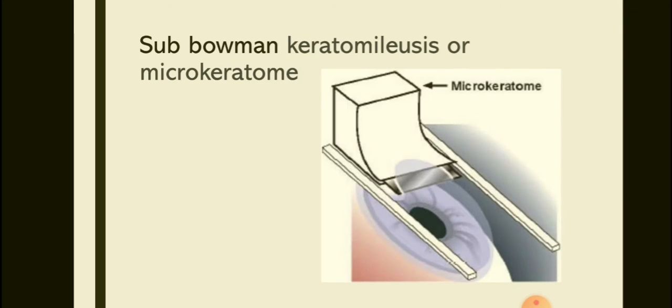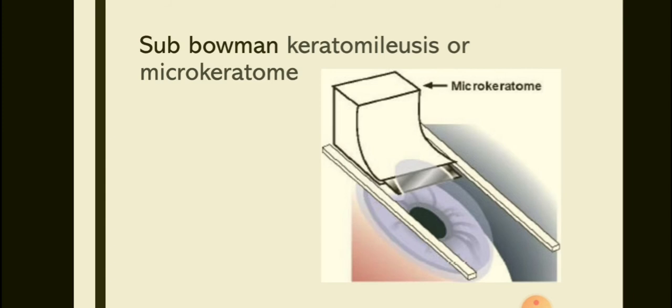Now let us move to microkeratome. It is seen that creating a flap reduces the corneal thickness, which ultimately reduces the corneal strength. So scientists thought that if we reduce the flap thickness, then the cornea stays thicker, so it can hold its corneal strength for a longer period of time.